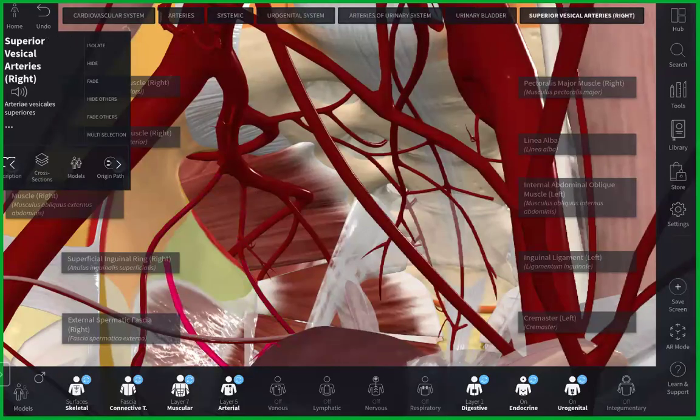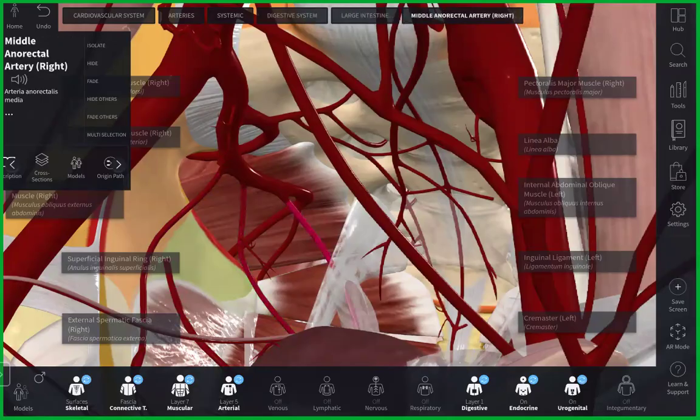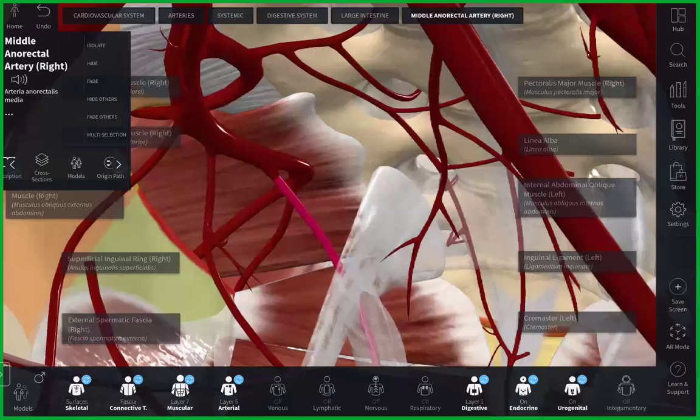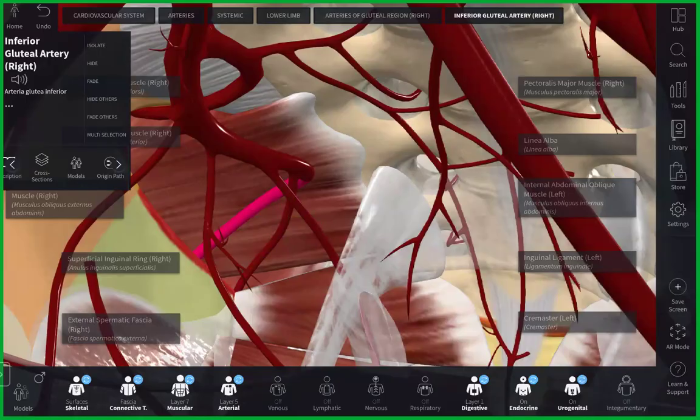Then middle rectal artery. Superior rectal artery we were having from inferior mesenteric artery. Then we have internal pudendal artery, then inferior gluteal artery. Most of the time they ask about vesical artery and inferior gluteal artery. So these are the branches of internal iliac artery.